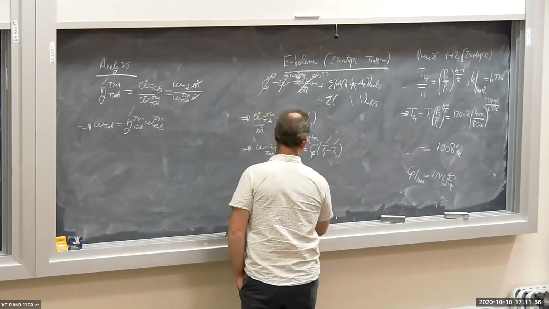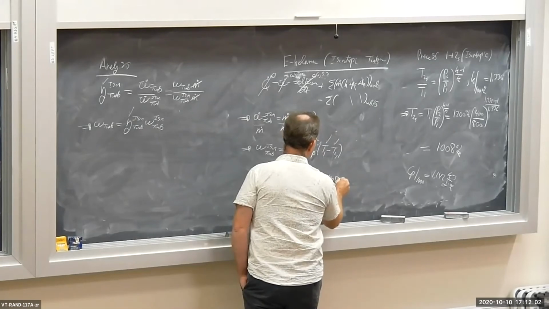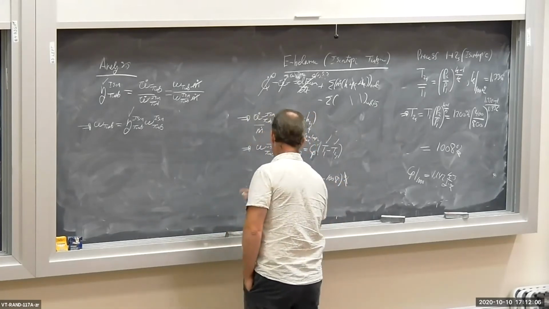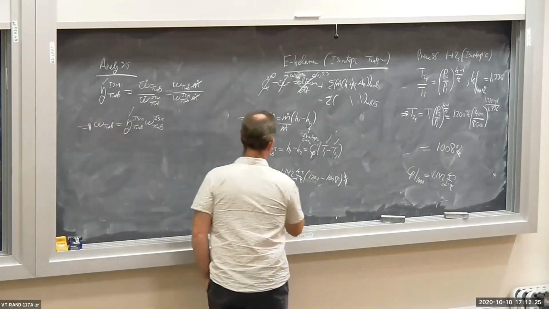Temperature T1 is 1,200 Kelvin, and T2 sub S is 1,008 Kelvin. The Kelvins cancel out, and I get kilojoule per kilogram. The isentropic work for the turbine is 219.3 kilojoules per kilogram.